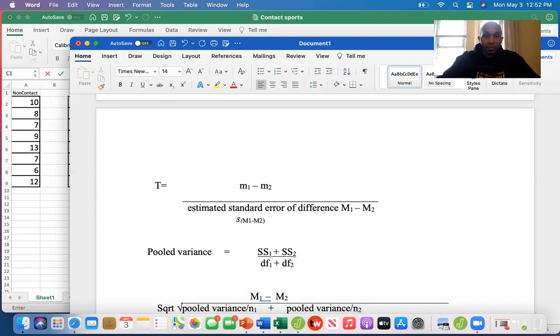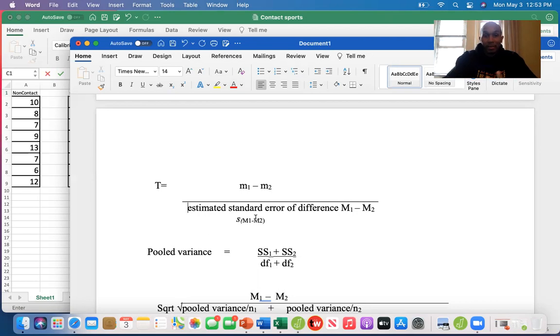And that difference is going to be divided by the estimated standard error of differences. You see the symbols, the difference between mean 1 and mean 2. Talking about standard error, the expected difference from one sample mean to another.